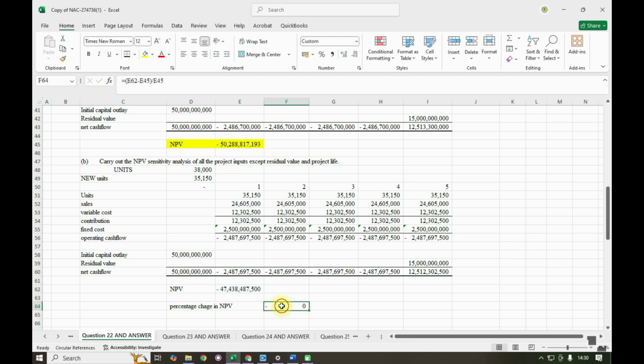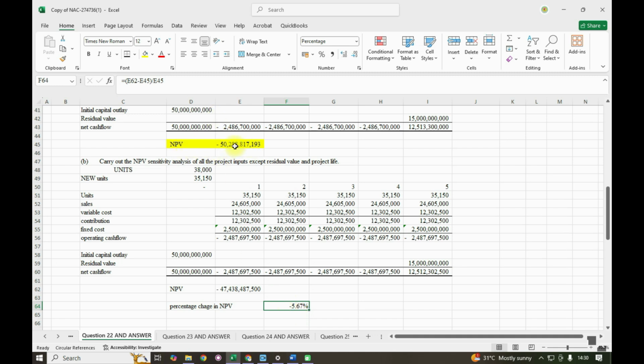That way. And this one we convert to percentage, and you can even have two decimal places, 5.67. So you'll find that in this case the NPV is reducing. The NPV will reduce by 5.67. This was a negative, so this one can either be positive because it is a reduction.